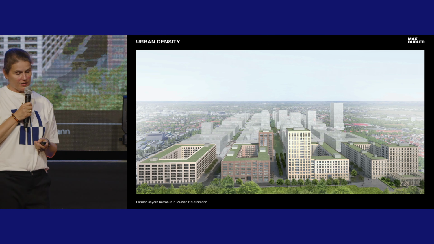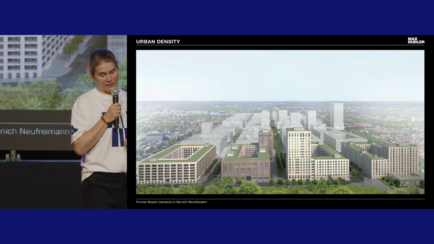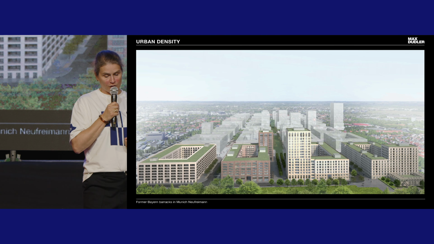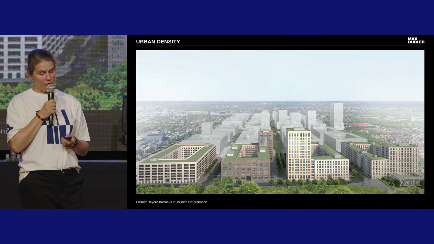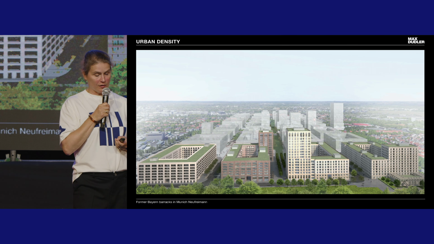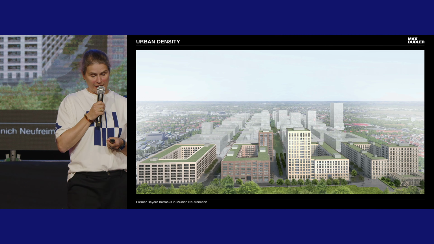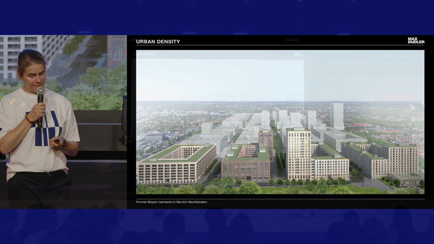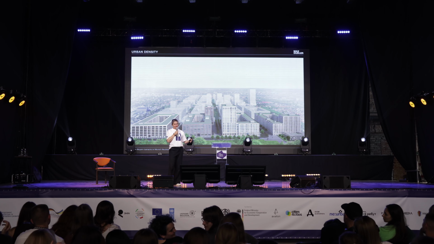Another project in Munich where we had a master plan competition in 2014, and this is a development for a whole new city quarter of approximately 15,000 inhabitants in the end. It's called Neufreimann, and we explored there too.